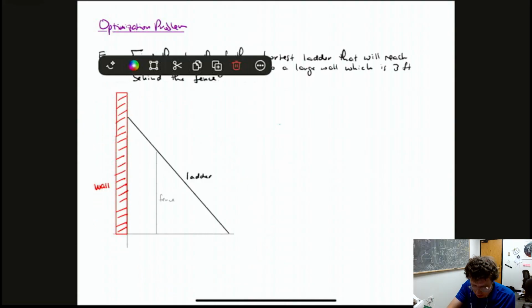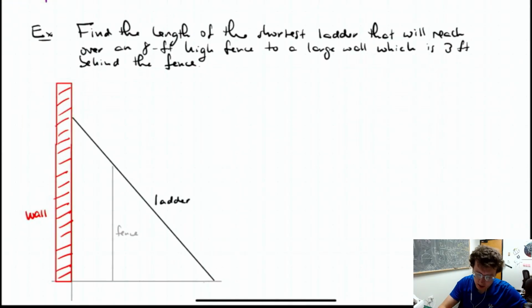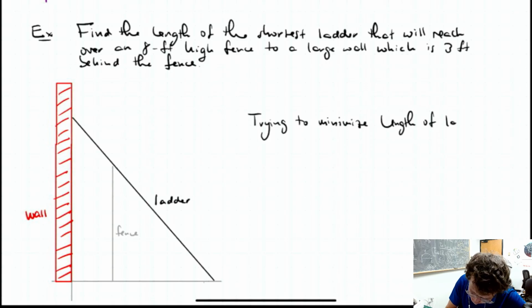So if you remember, or if you watched the previous review session, the next thing I thought about after I drew the picture was, what's the thing I'm trying to optimize, and what's the thing that I can control? We are trying to minimize the length of the ladder.